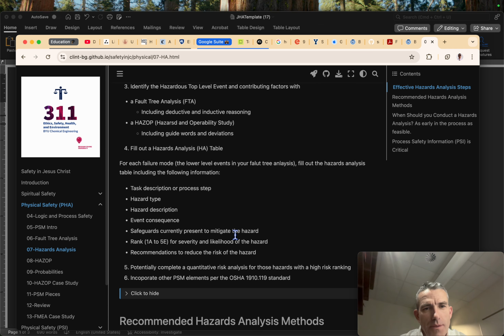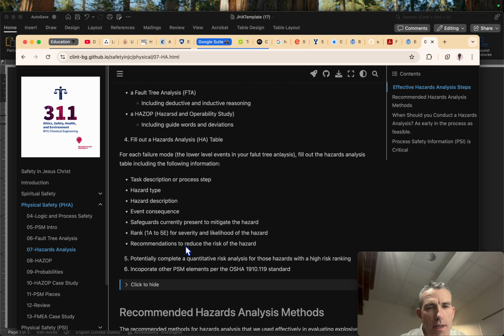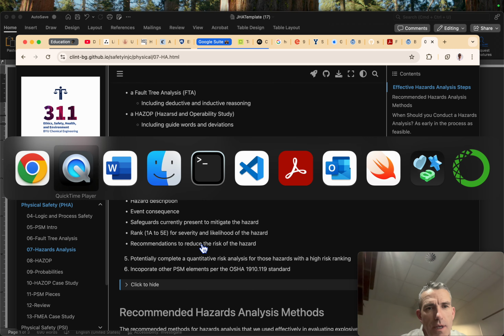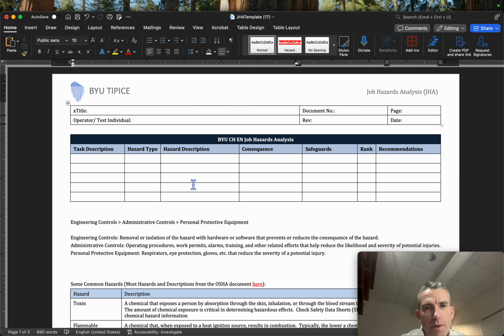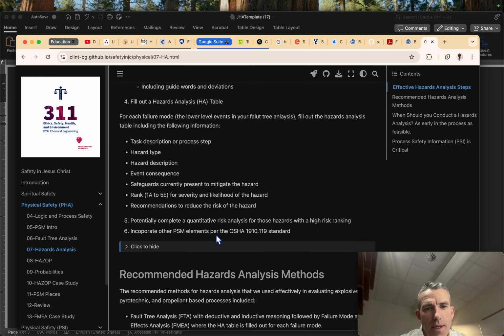For each row, you have the failure mode, and you can identify the hazard description, the event consequence, the safeguards, as well as a risk ranking and any recommendations. We talked a little bit through a table like this, where you'd fill that out for each of the failure modes, the bottom levels of your fault tree analysis.